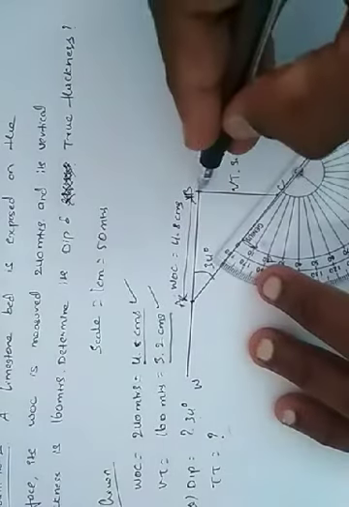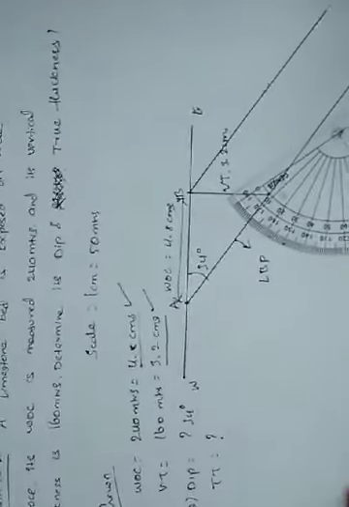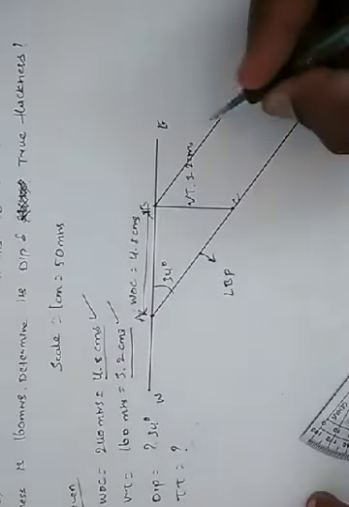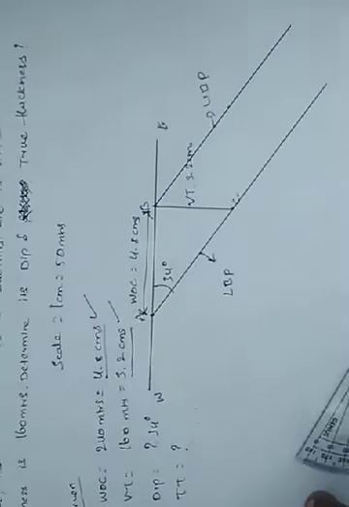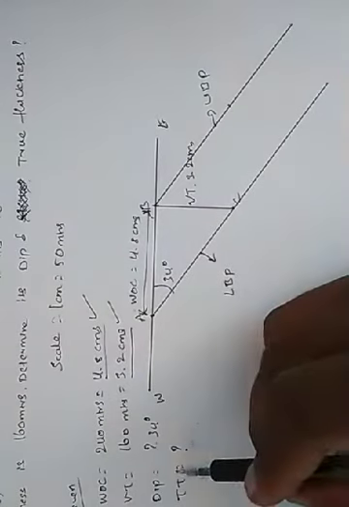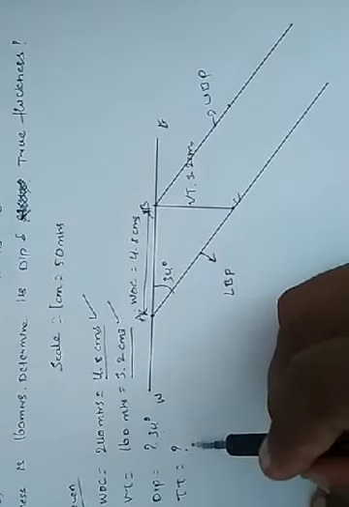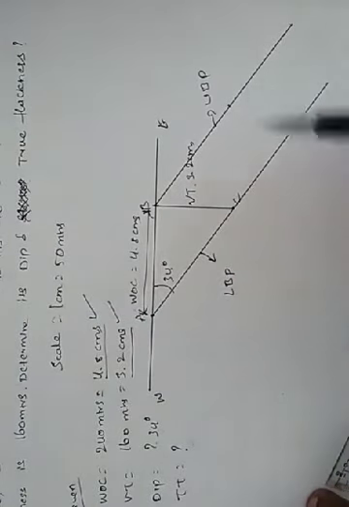Now I will join this, and we'll get the upper bedding plane. So now we have determined the dip. Now we need to determine the true thickness. So how to measure the true thickness? True thickness is always measured perpendicular to the bedding planes.